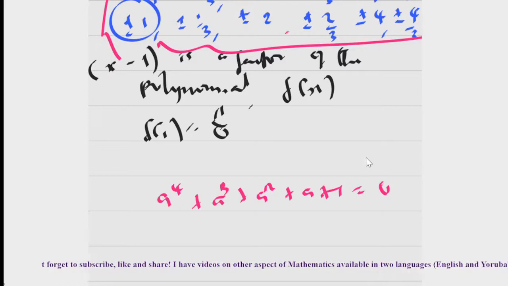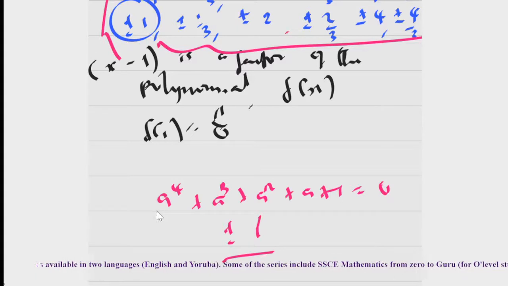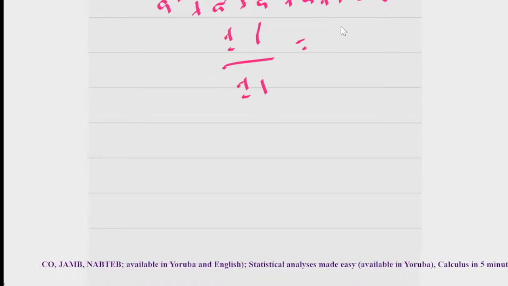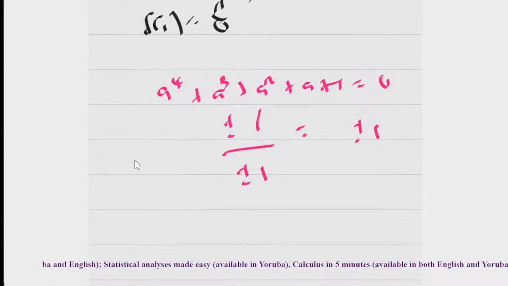If you want to find the possible rational roots here, that's going to be plus or minus the factors of the constant, 1, divided by the factors of the leading coefficient. That's also going to be plus or minus 1. Then you are going to have plus or minus 1. So okay, let us try it.